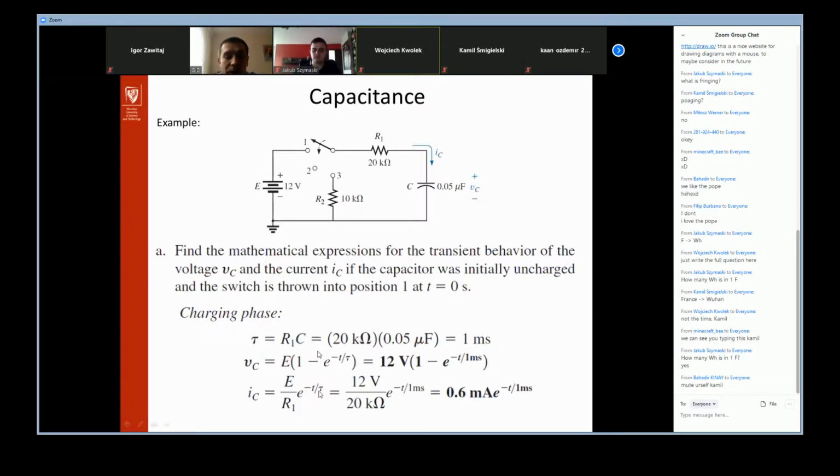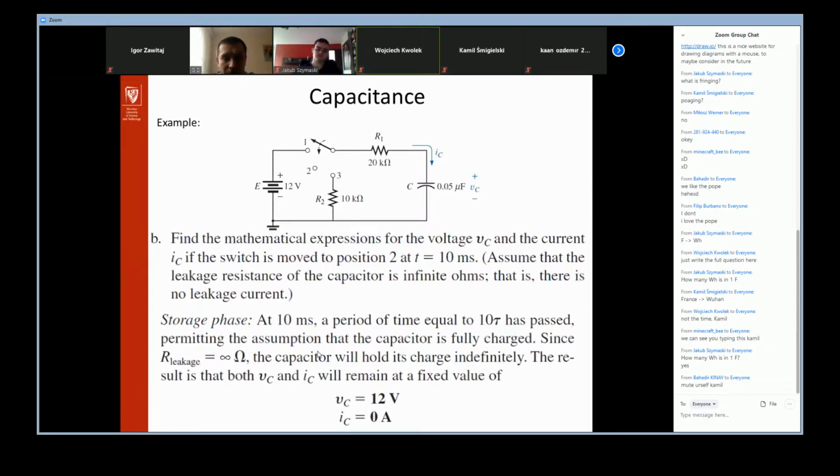The tau is the same, 1 millisecond, because this is just R1 connected directly to the C. So it is equal to 0.6 milliamps multiplied by e to the minus t over 1 millisecond. That's the expression for the voltage and the current in this branch.